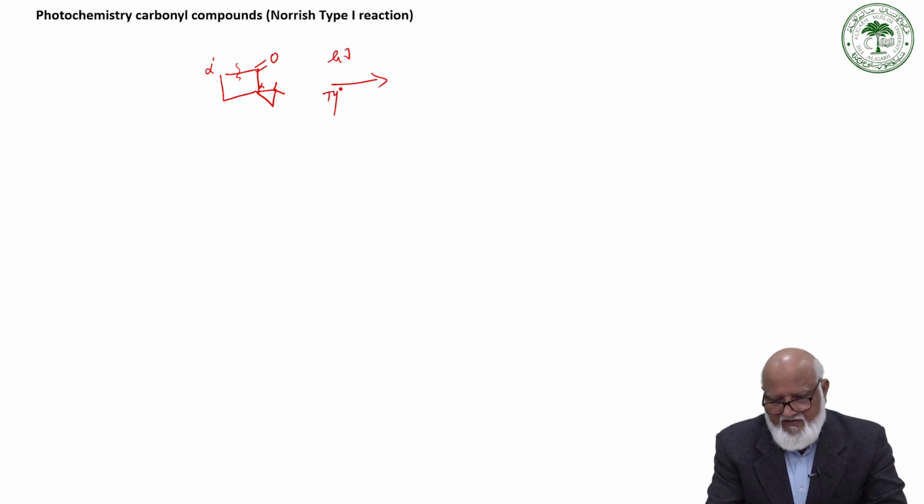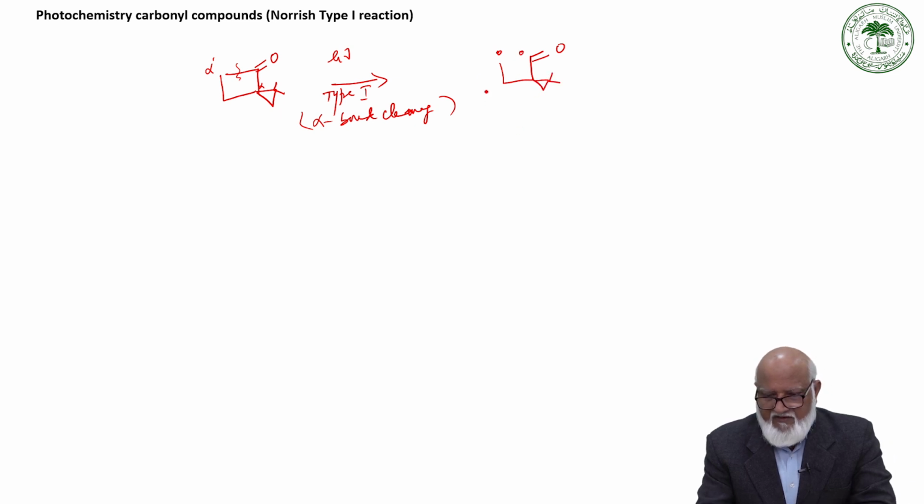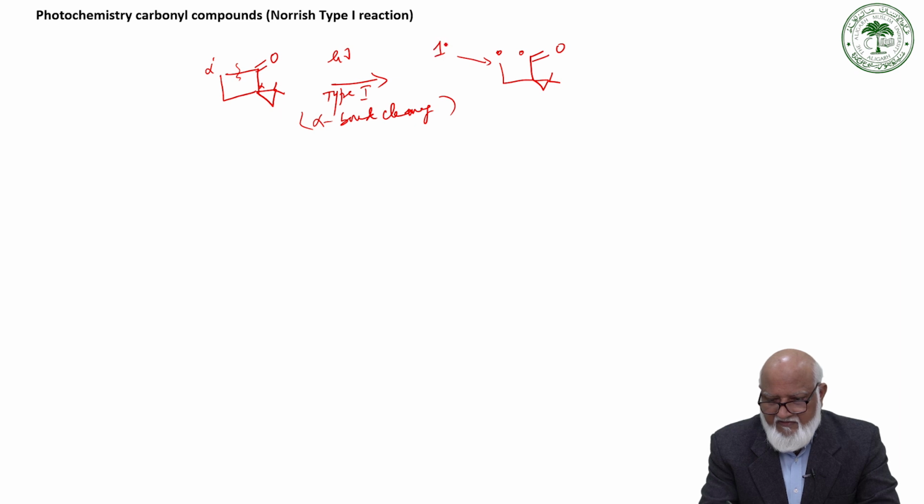Alpha bond cleavage with hν is a type 1 reaction. If we cleave this, we end up with a radical here and a cyclopropyl group here. This is a primary radical, an acyl radical in both the cases.